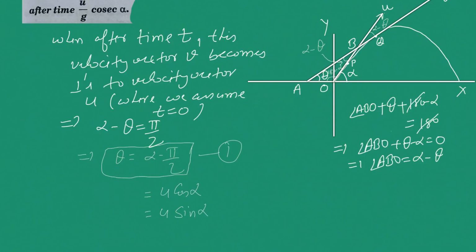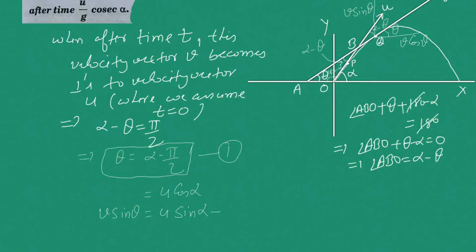And if I resolve the components of velocity vector v at this particular point, and this angle is theta, then this component is v cos theta and this component is v sin theta.